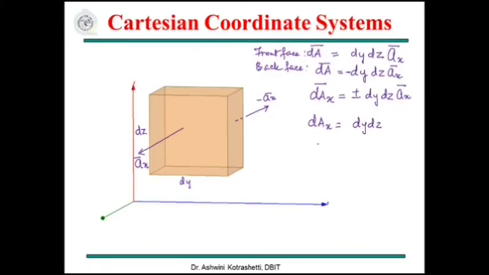I'll only consider its magnitude, and I'll say this magnitude is along the x direction and it has a value of dy into dz. Remember that the positive or the negative sign is associated with the unit vector and not with the magnitude.